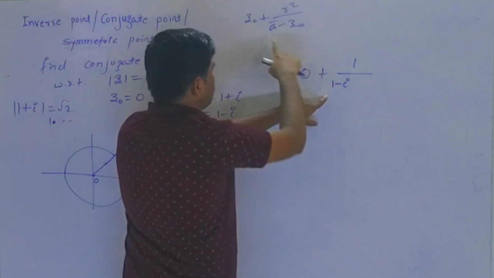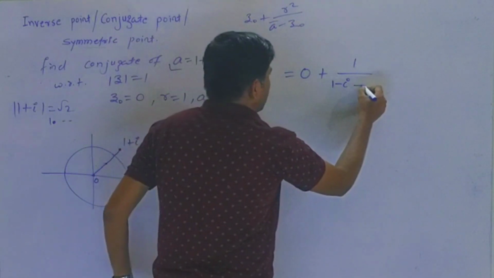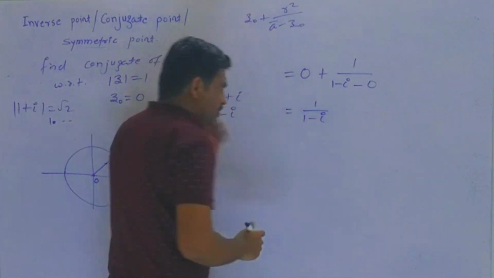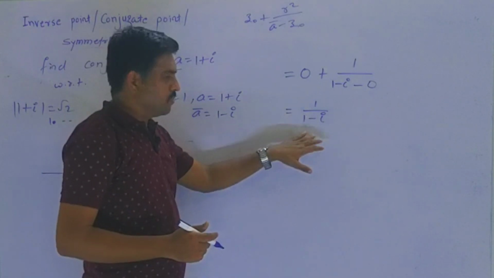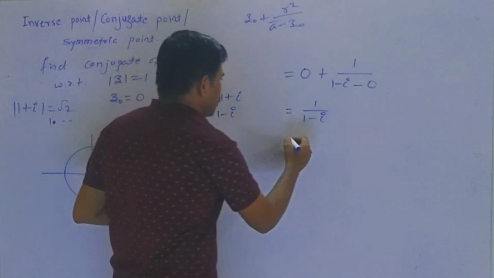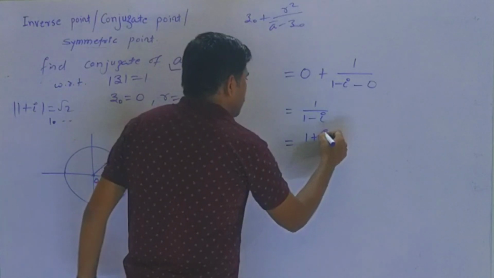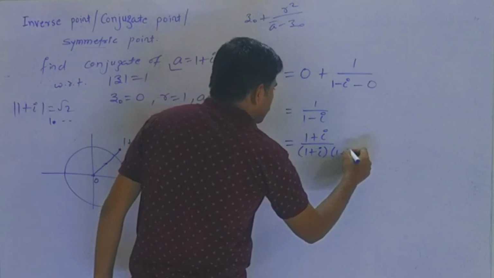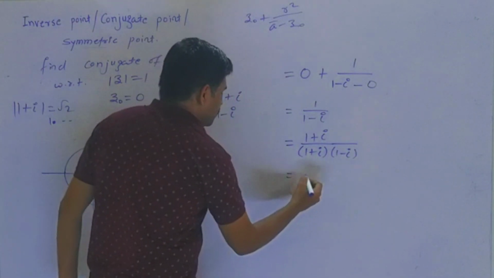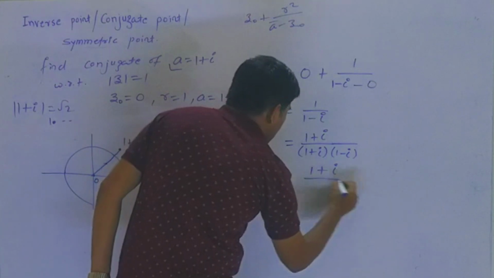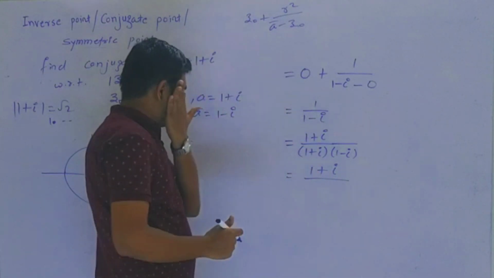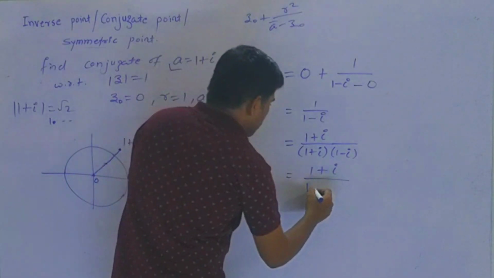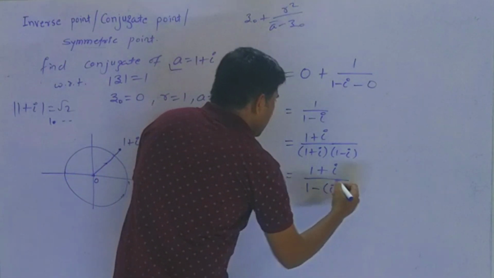So A bar is 1 minus I, because A is 1 plus I, and minus 0. So what we get is 1 by 1 minus I. So you have to calculate using the conjugate. You can divide and multiply: I multiply by 1 plus I and divide by 1 plus I. The denominator is (A plus B)(A minus B), so A square minus B square, that is 1 minus I square.